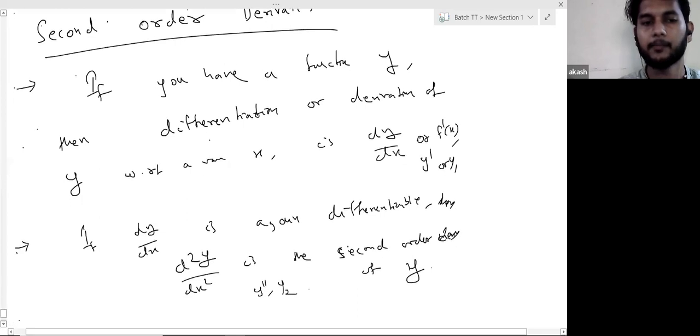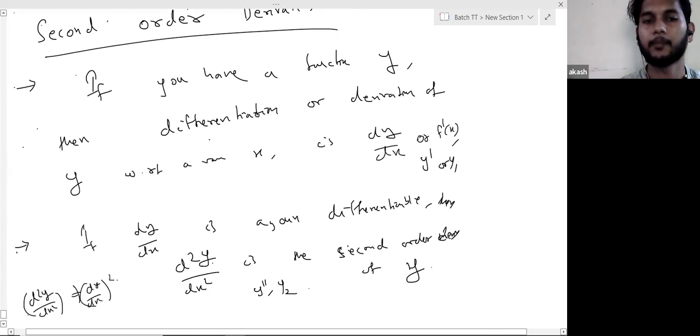And remember this, d square y upon dx square is absolutely not equal to dy upon dx whole square. Here this 2 means order, how many times you have differentiated. But if you write it as a power, then you differentiated and then squared that. All right, Sahel, this is clear?